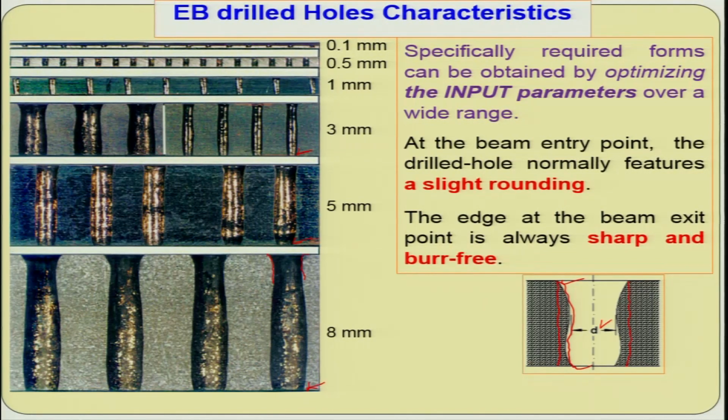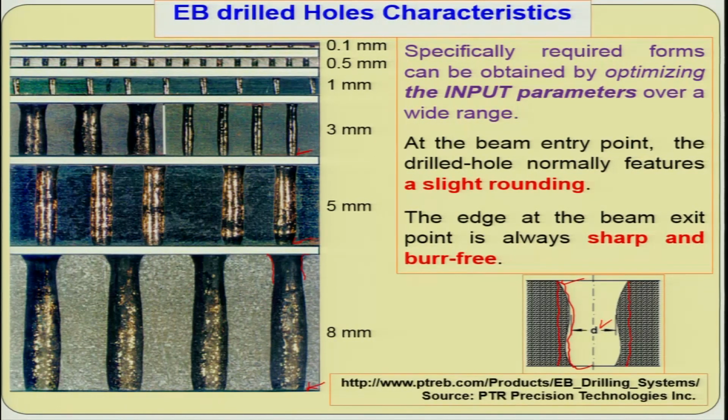So, you have to decide carefully whether it will serve your purpose or not, especially when it is a deep hole, with a depth as large as 8 millimeter or 5 millimeter. Such characteristics of the hole may or may not be acceptable to you. These pictures have been taken from this particular website.